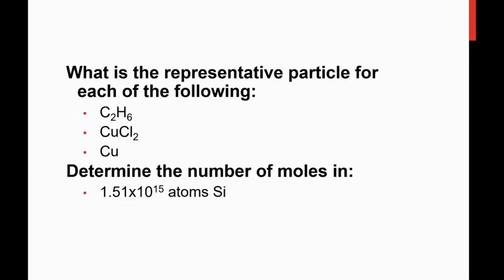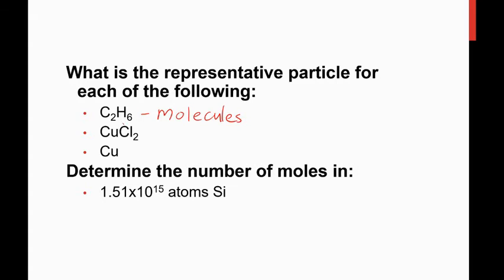So what are the representative particles for each of the following? Let's take a look. We're going to look at C2H6, okay? Well, that's made up of nonmetals, so that's going to be a covalent compound. So our representative particle here is going to be a molecule.